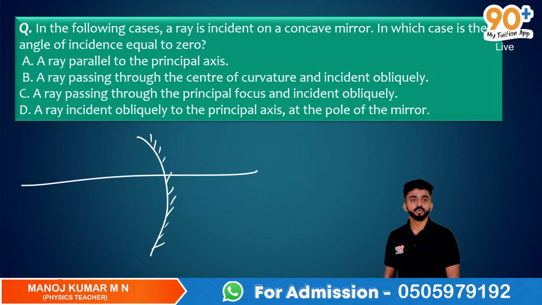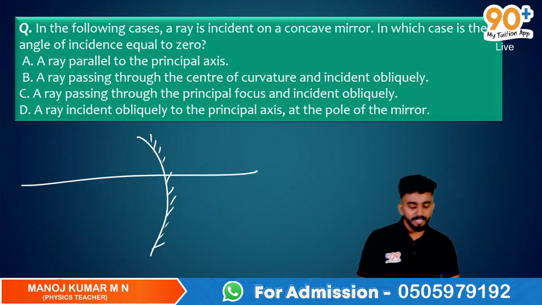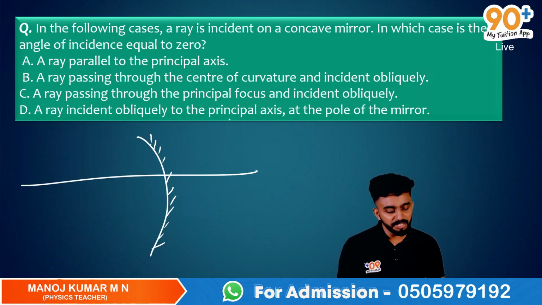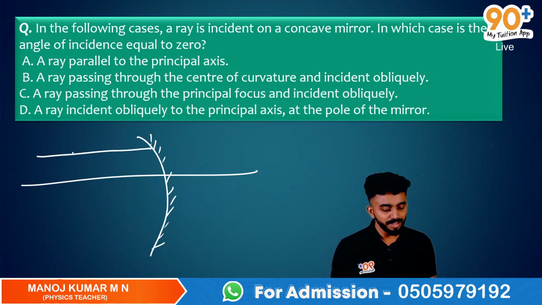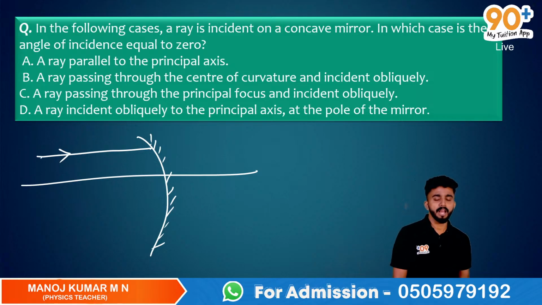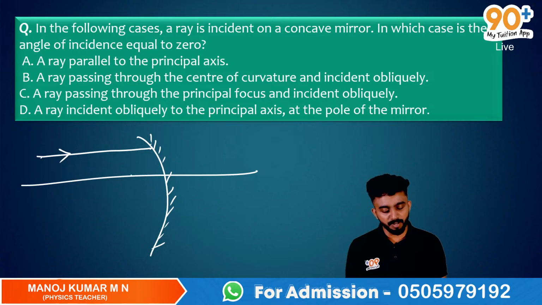A ray is incident on a concave mirror, in which case is the angle of incidence equal to 0? That is, if you have a ray parallel to the principal axis, that is the first case. What will happen, guys? The ray parallel to the principal axis will pass through the principal focus, right?